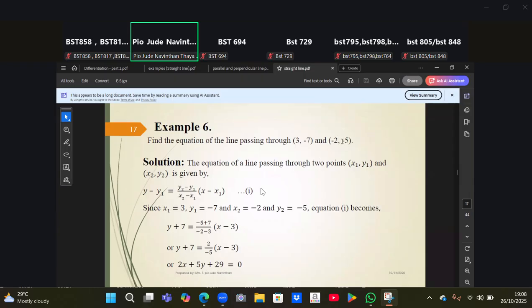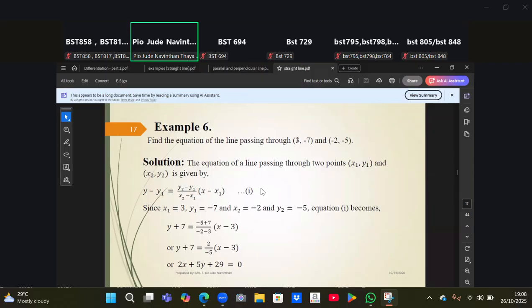But with some minus signs, we need to be very alert. Carefully, we need to handle these signs, right? So we are using this equation, I am writing y minus y1, right? Before that, we need to rectify: x1 is 3, y1 is minus 7, x2 is minus 2, and y2 is minus 5.